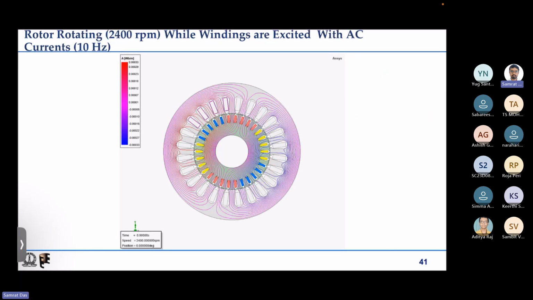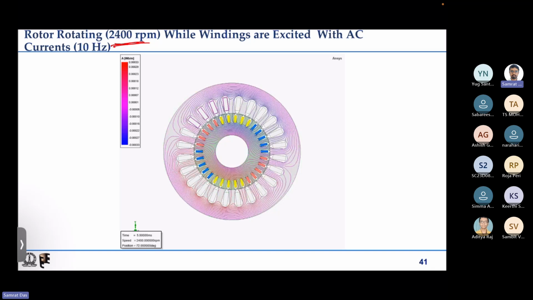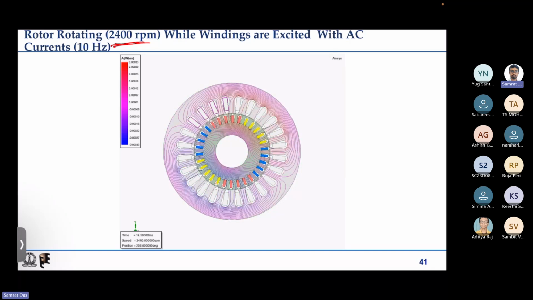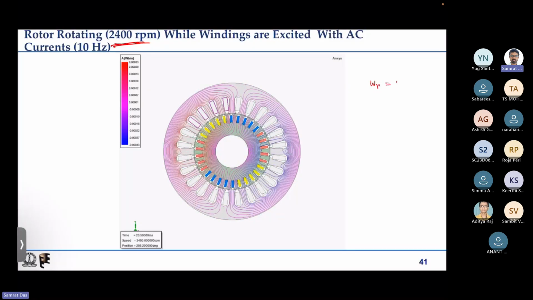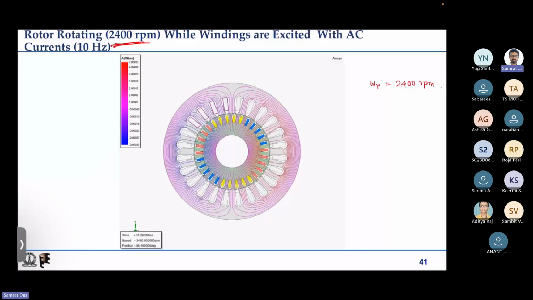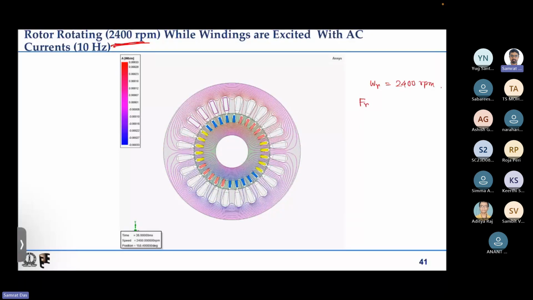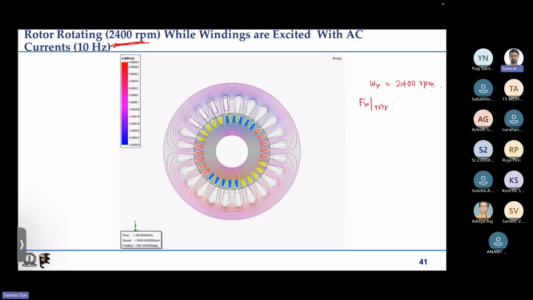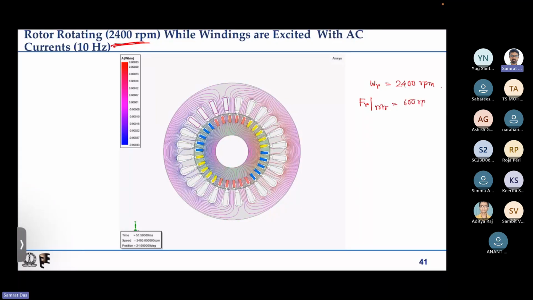Now if we run the rotor at 2400 rpm in the anti-clockwise direction itself, omega rotor is 2400 rpm in the anti-clockwise direction. Now the rotor field moves with respect to the rotor at 600 rpm.